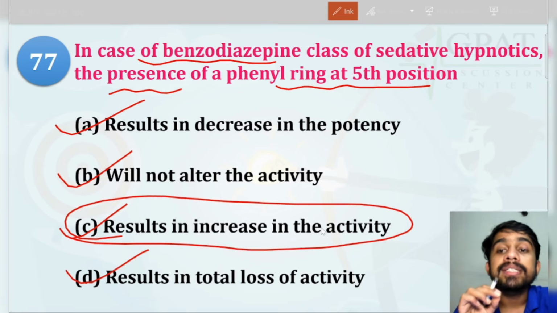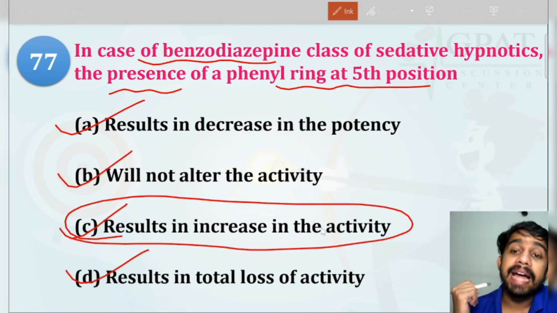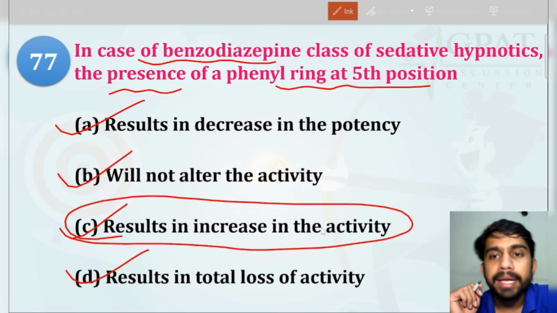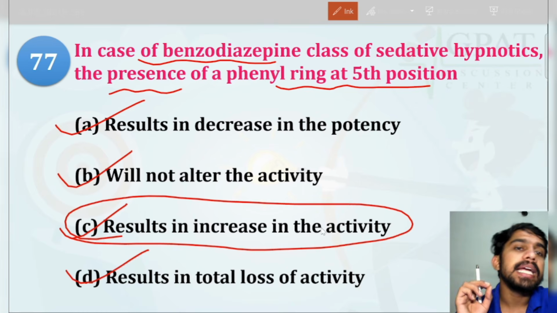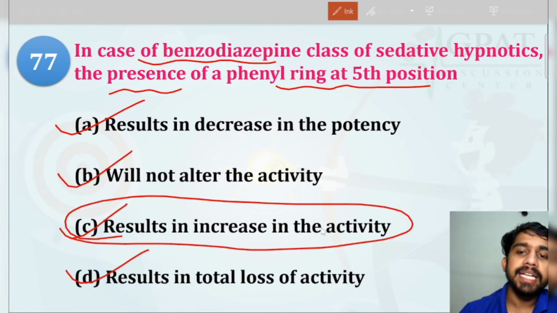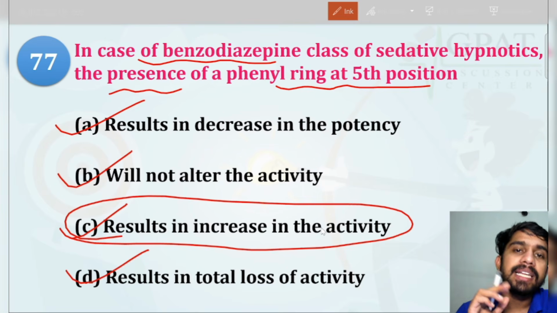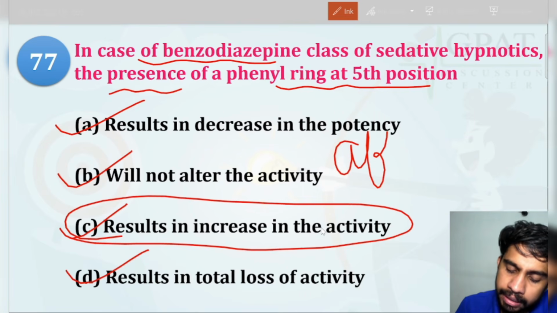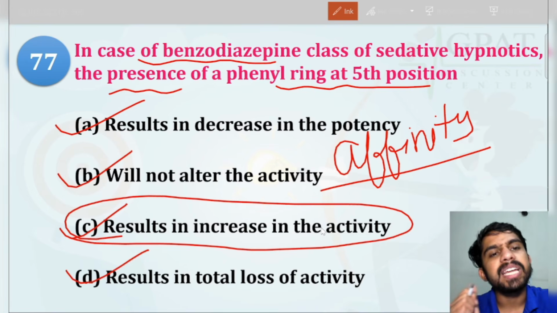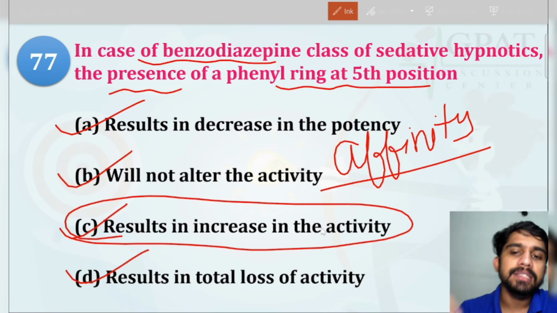Why? Because it enhances its ability to bind with the GABA A receptor, and the phenyl ring at the C5 position fits into its hydrophobic pocket on the GABA A receptor, and that increases the affinity, and when the affinity increases, the activity also increases. So the correct answer for this question will be option C, guys.